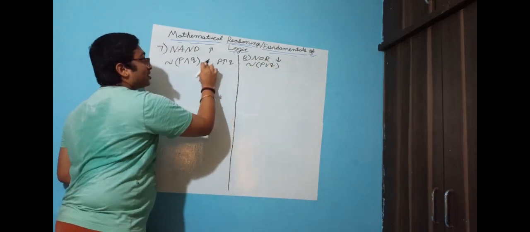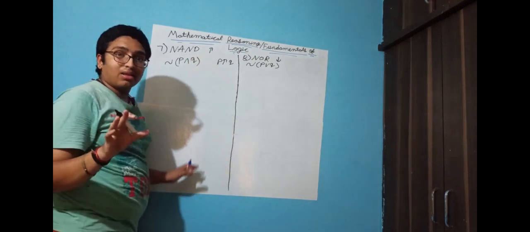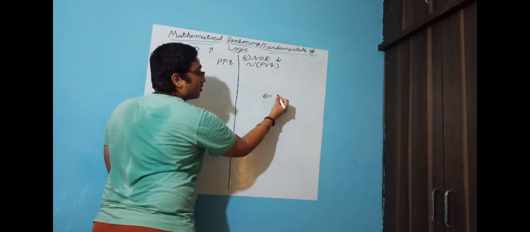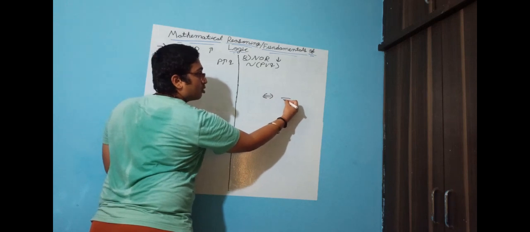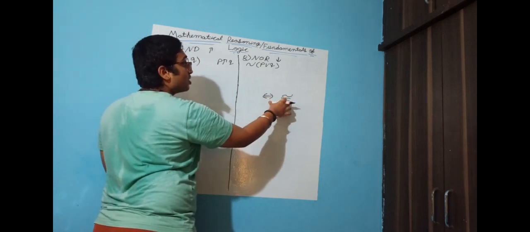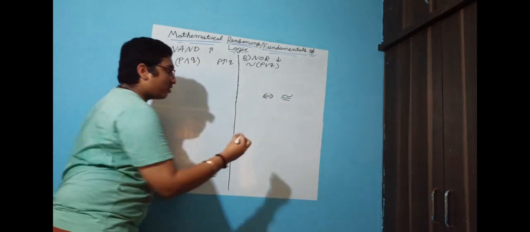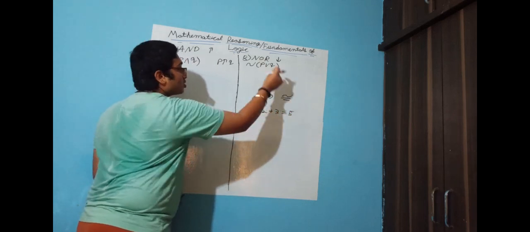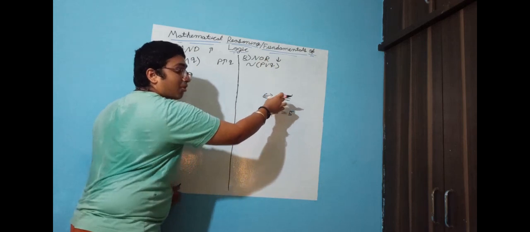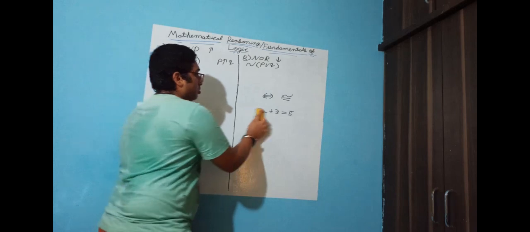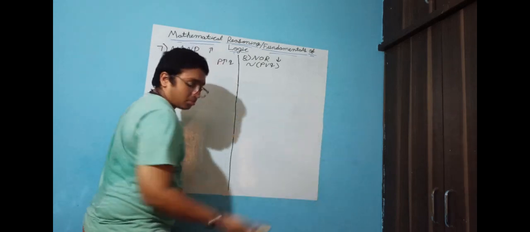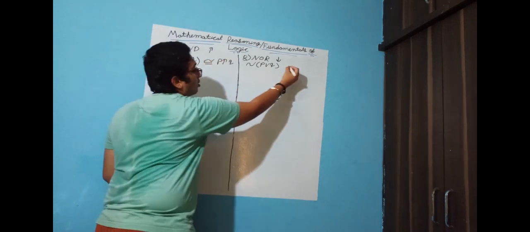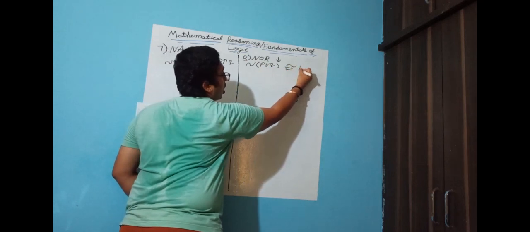We should not represent these with the equal to symbol, that is the main thing I want to explain. We represent using this symbol or this symbol, which means equivalence. In general we write 2 plus 3 equal to 5, but in discrete mathematics or logic, these symbols represent an equivalence relationship. Up arrow here, down arrow here.